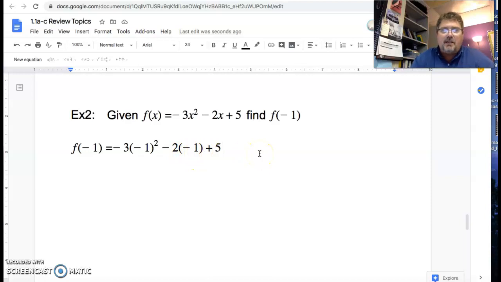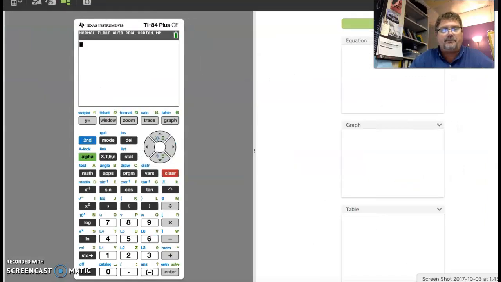And for this example, I'm going to go ahead and put it into my calculator because I'm hoping that you guys start using these calculators, because that's the only way you're going to become good at it. And you need to be good at it. So let's plug this thing in here and see what we get. -3, parenthesis, I can't emphasize it enough, use them. -1, parenthesis, square it.